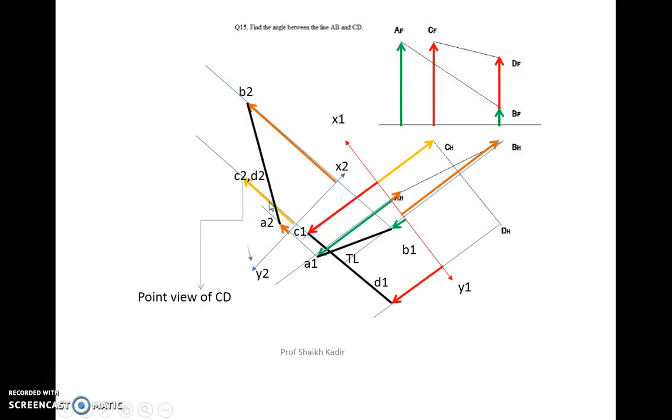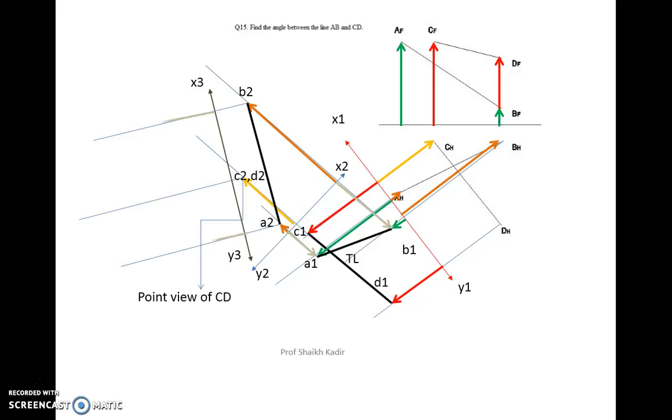Now to find the true length, draw x3 y3 parallel to A2 B2. Take their projectors. Now to draw the true length in this auxiliary view, measure these distances from x2 y2, remember.